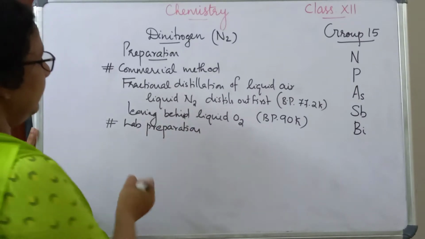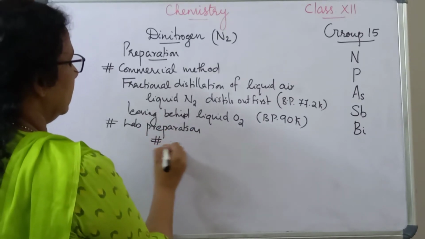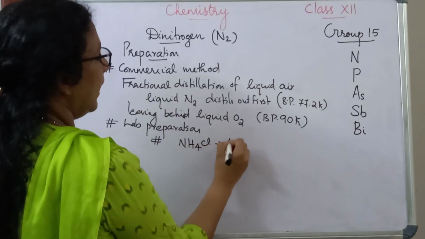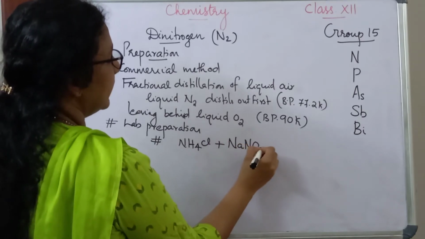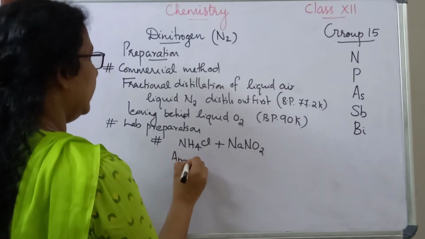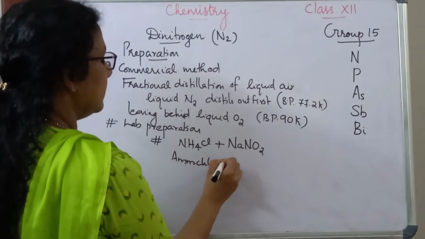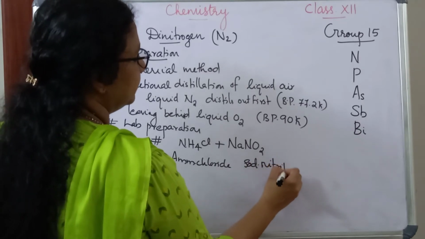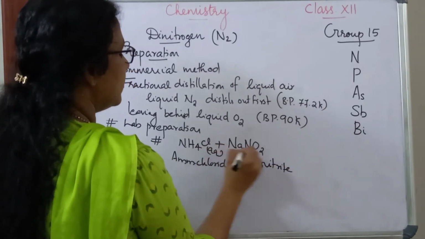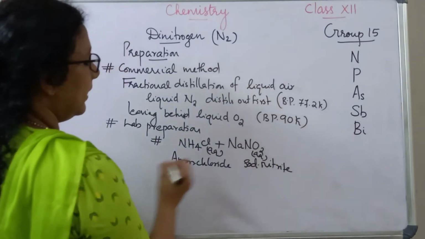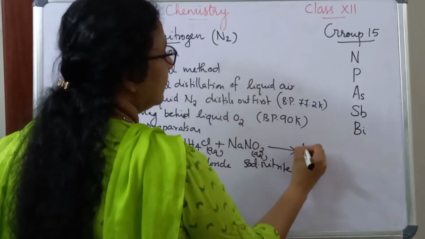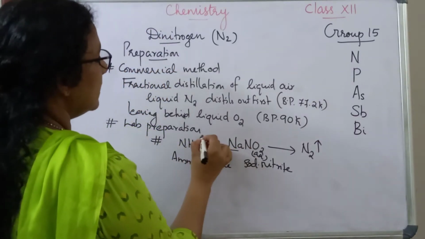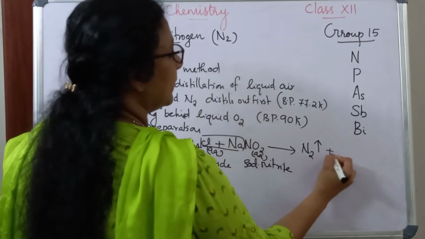In the laboratory, the first method is the reaction between ammonium chloride and sodium nitrite. These aqueous solutions react together and form nitrogen as the main product. Here NaCl is eliminated as a byproduct.